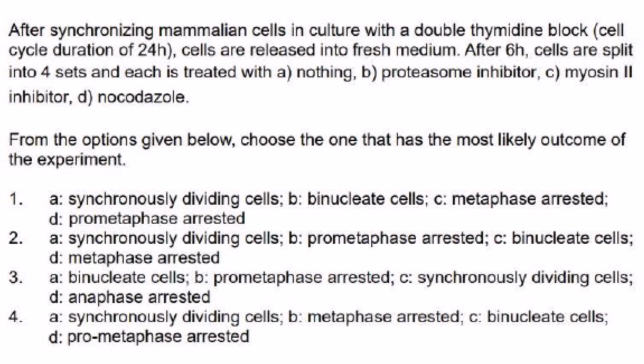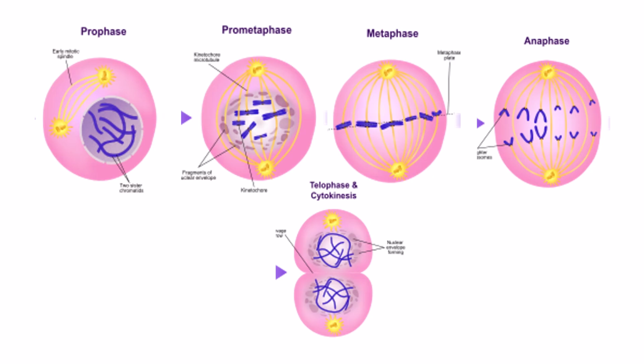Okay, all these things you can learn when you do a double thymidine block, and then you remove the block so that you get synchronously dividing cells, and the various stages of the cell cycle also can be studied after removal of the block. Now what are the different stages of the cell cycle?